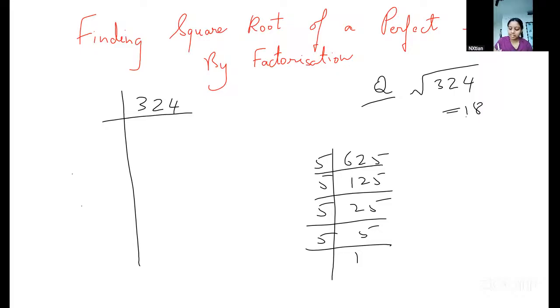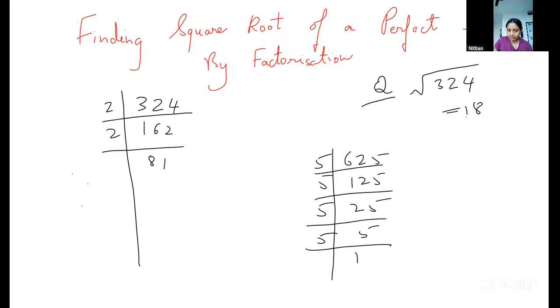Okay, let's do it. 324. We start with 2 because 324 is an even number, so it will be divisible with 2. 324 divided with 2, we will get 162. Then again even number, so with 2, 162 gives 81.